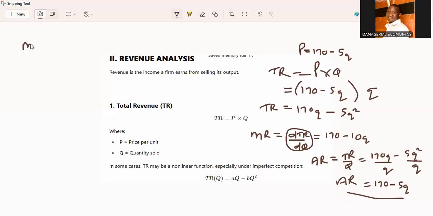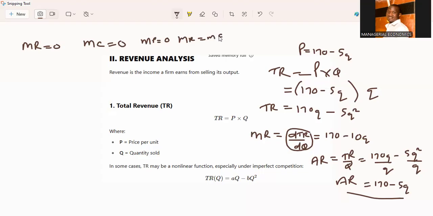Whenever marginal revenue is equal to 0, we are maximizing revenue. Whenever marginal cost is equal to 0, we are minimizing cost, since we can't maximize cost. Whenever marginal product is equal to 0, we are maximizing production. Whenever marginal revenue is equal to marginal cost, we are maximizing profit.